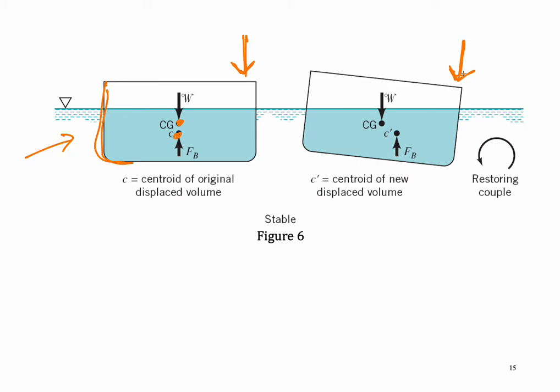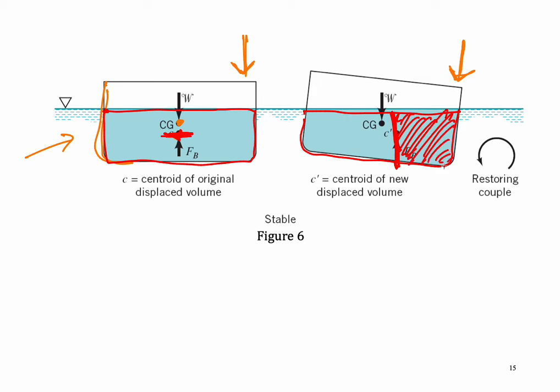You need to remember that the center of buoyancy is actually the centroid of the submerged area only. So here, this is the center point for the submerged area. However, when it's inclined a little bit like this, the center of buoyancy will change to this position because it divides these two areas into equal areas.